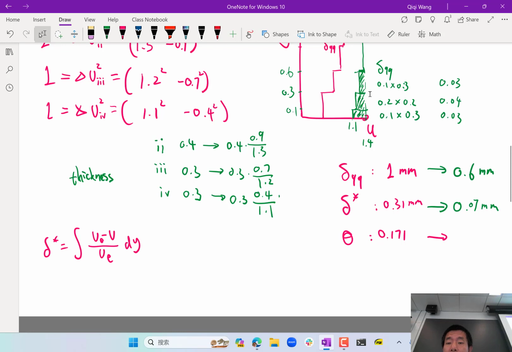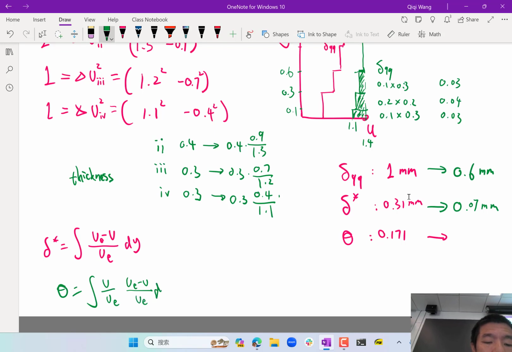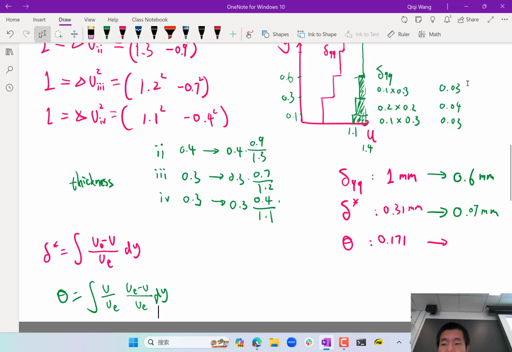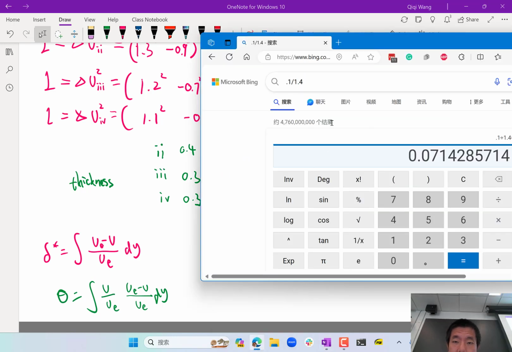All right, and then theta is going to be equal to the integral of u over ue multiplied by this, dy. So what we do is for each of these numbers, we multiply by another u over ue, and then still divide by ue at the end.